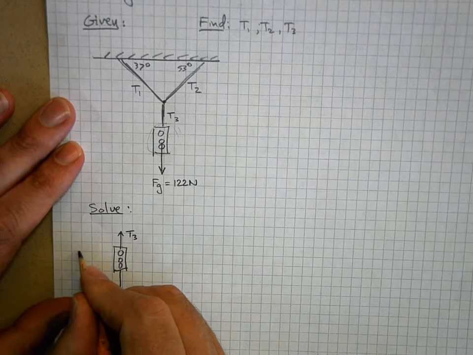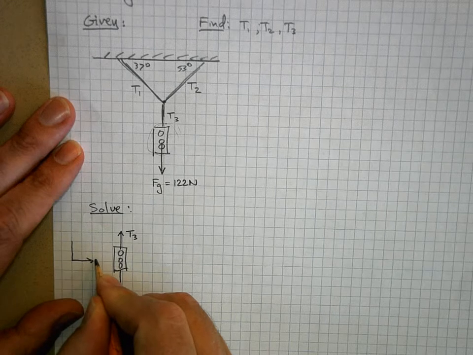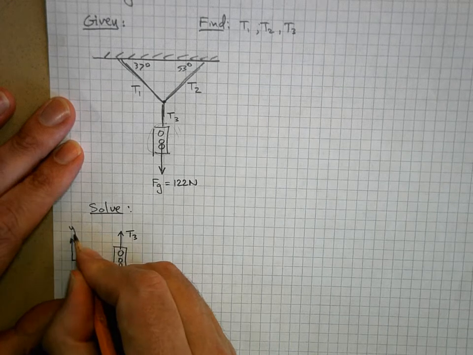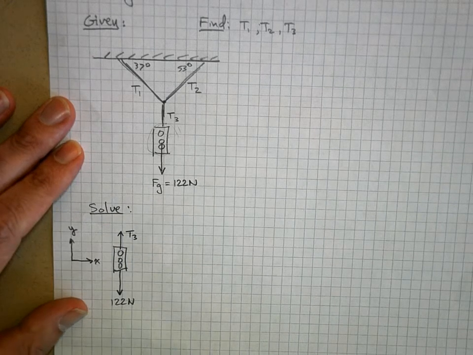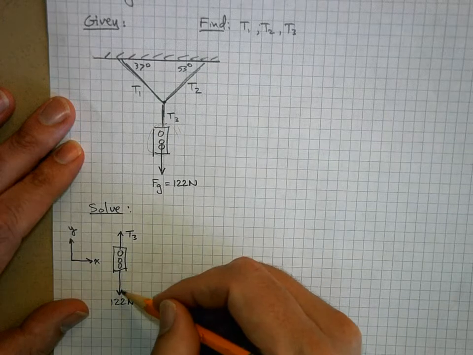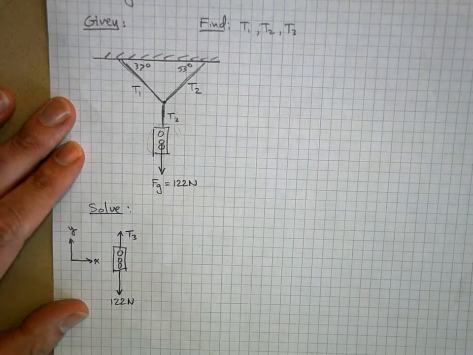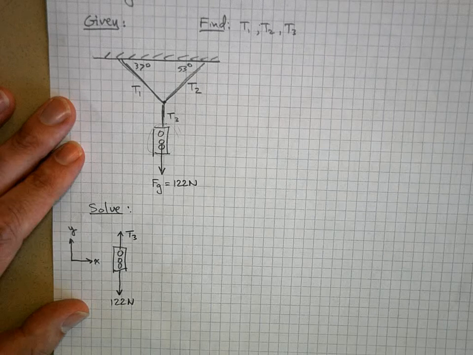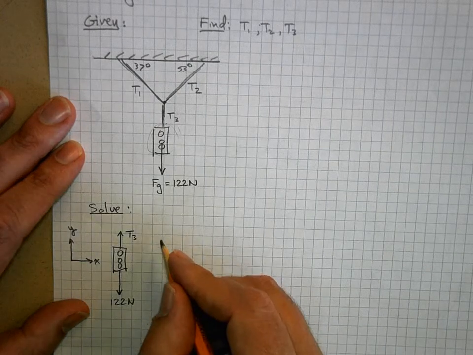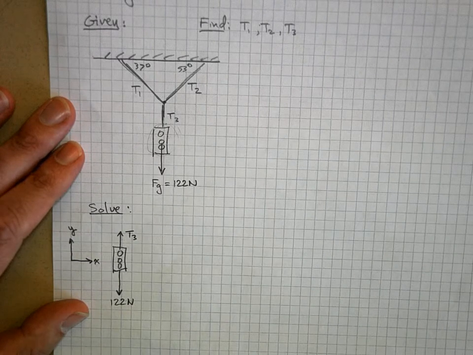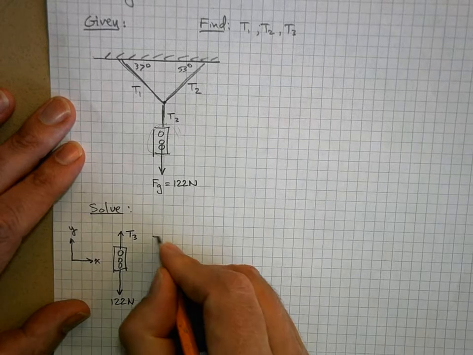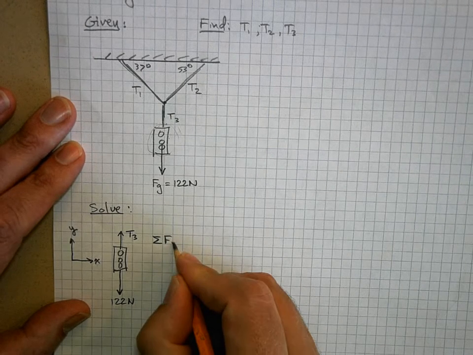We're just going to do this for both of them, X and Y. But T3 and the weight are in the Y direction, so I don't need to break them into their components. Step 4, sum the forces using Newton's second law. Now, do I need to sum forces in the X direction? No. Do I need to sum forces in the Z direction? No. So let's just stick to the Y direction because that's the only direction that has force in it.